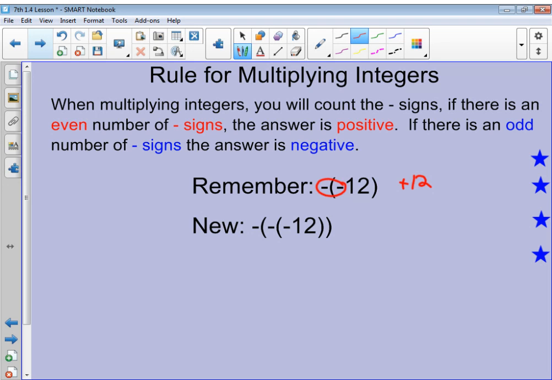Sometimes we may end up with more than 2 negative signs. Here, those 2 would make a plus sign, but then this last one would make our answer a negative 12. Notice here was an even number of negatives, and in this situation, we had an odd number. So we can use that even-odd rule to help us decide whether our answer is going to be positive or negative. So let's practice a few of these.